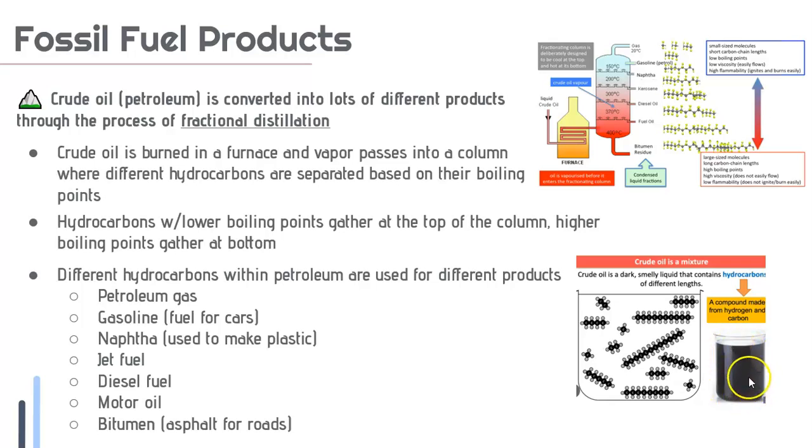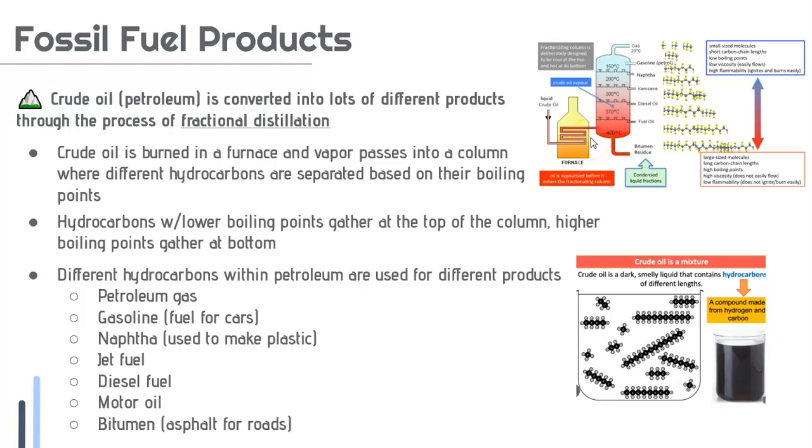So this crude oil that they get out of the ground is a mixture of all of these, what are called hydrocarbons, in one basic slurry. What we need to do is separate the little ones from the medium ones from the big ones, because each one of these long chain hydrocarbons has a different function.